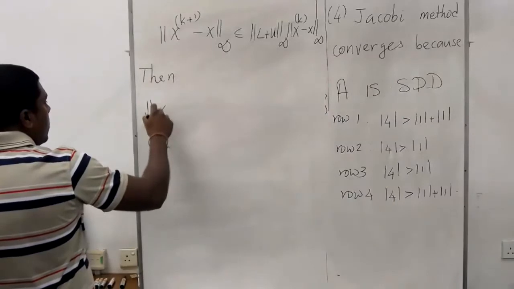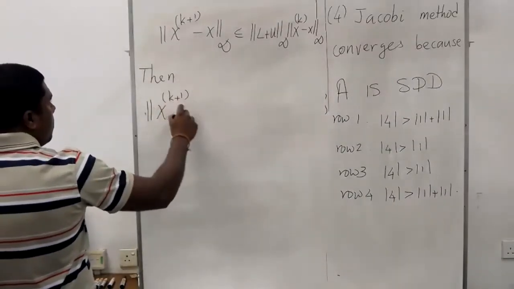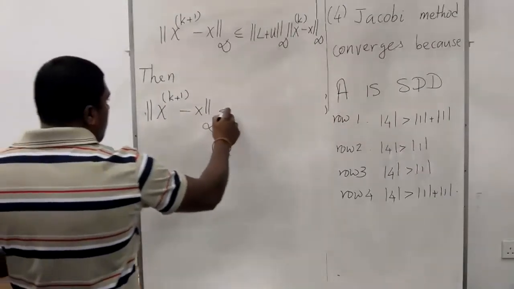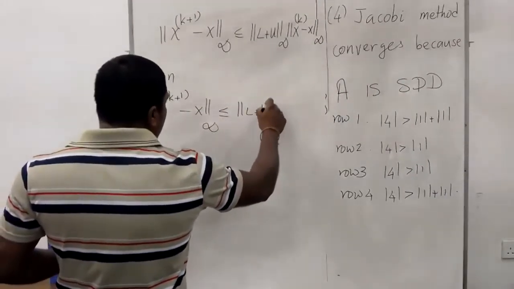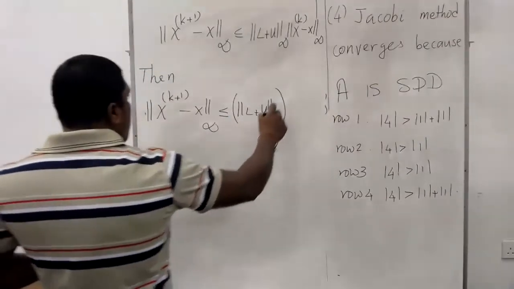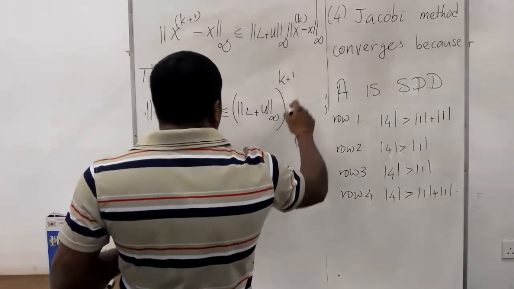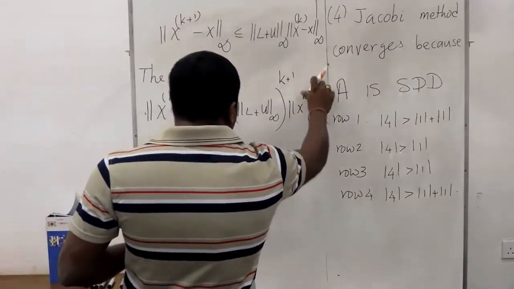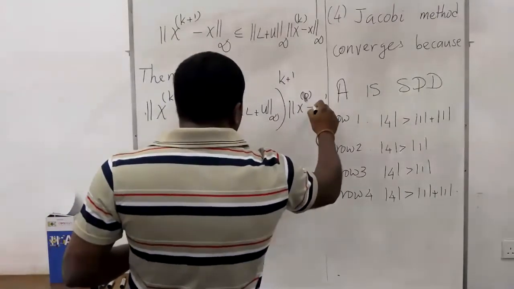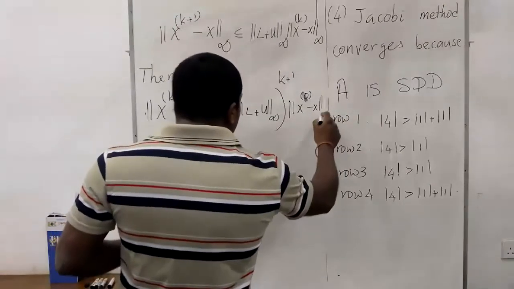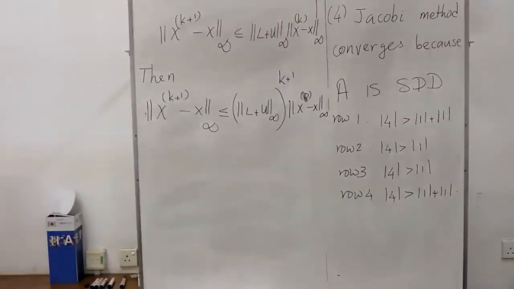I did this in the theorem as well. When you continue doing this, xk minus x is less than or equal to the norm of L plus U times xk minus 1 minus x, so it's (L plus U) squared times xk minus 2 minus x, and when you continue doing this, you will get this.